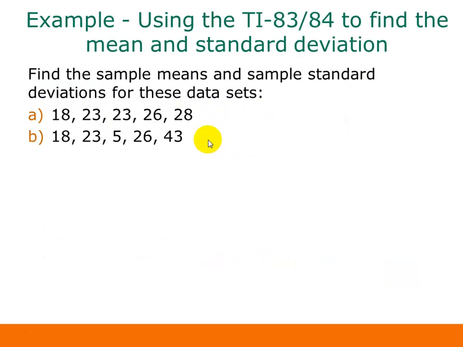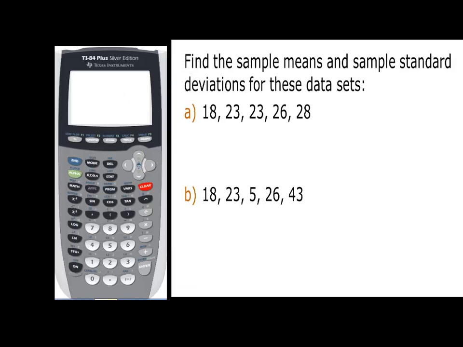As an example, we're going to use our graphing calculator to find the sample means and sample standard deviations for these two data sets. So for this first set of data, we are going to put it into the list L1.